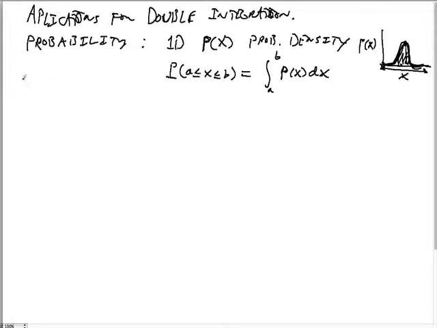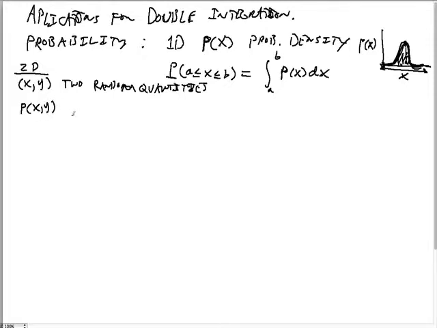In 2D, we have a problem where we now have x and y. So this is our 2D case. We have two random quantities, and oftentimes we want to know something about both x and y together. So we want to find a probability density, which we'll call p of x comma y.